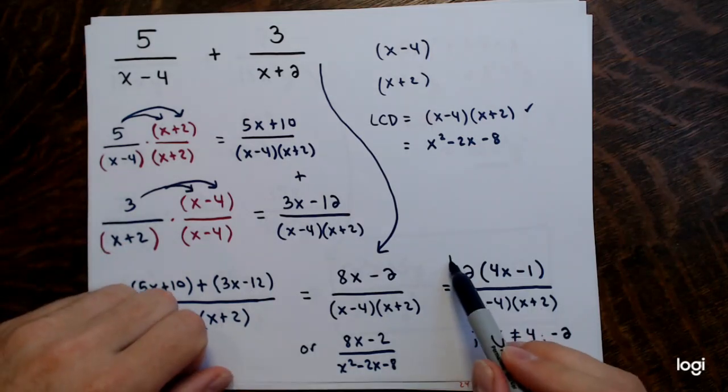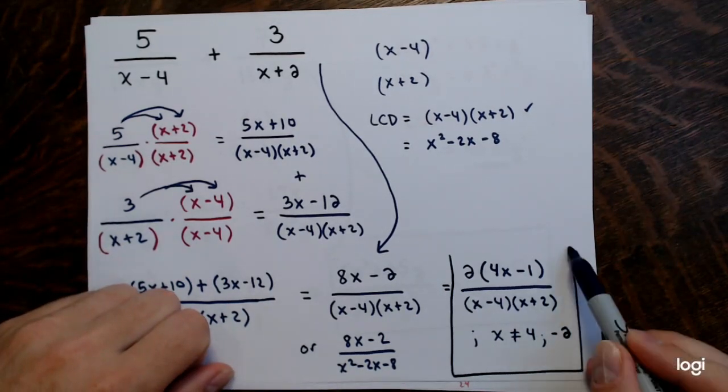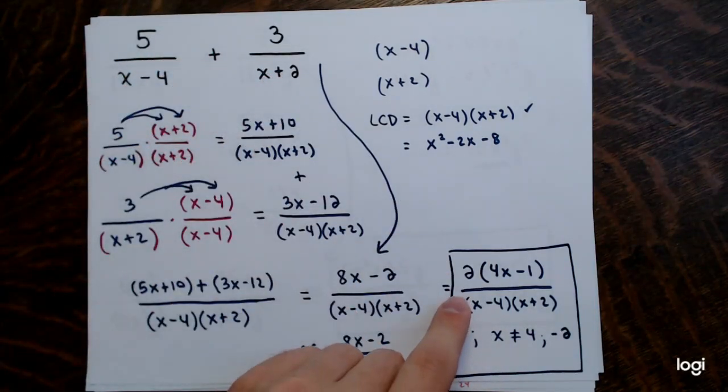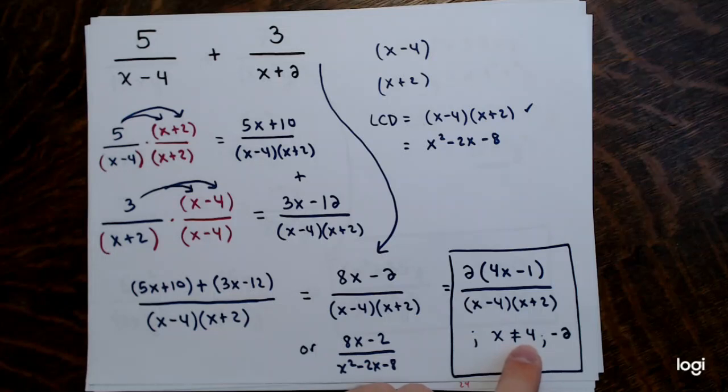So here we go, right here. This fraction plus this fraction is equal to this fraction as long as the value you replace x with is not one of these two, is not 4 or negative 2. And again, try it out.